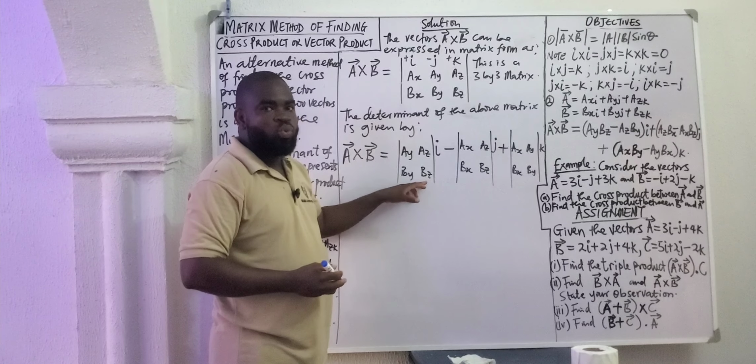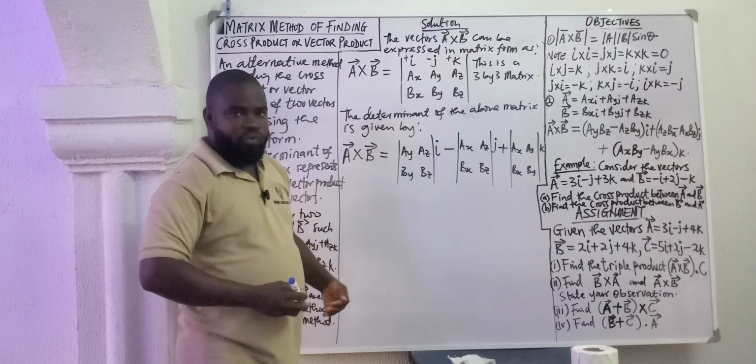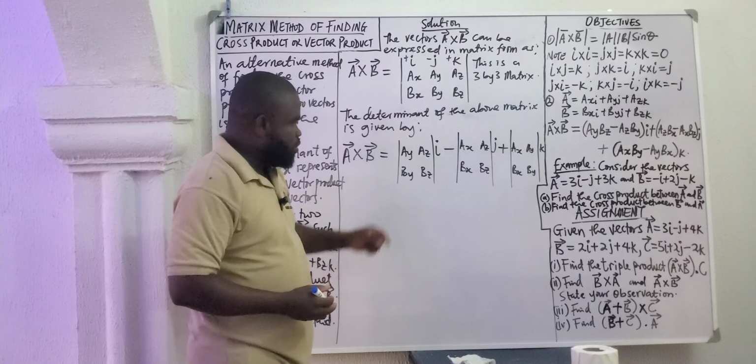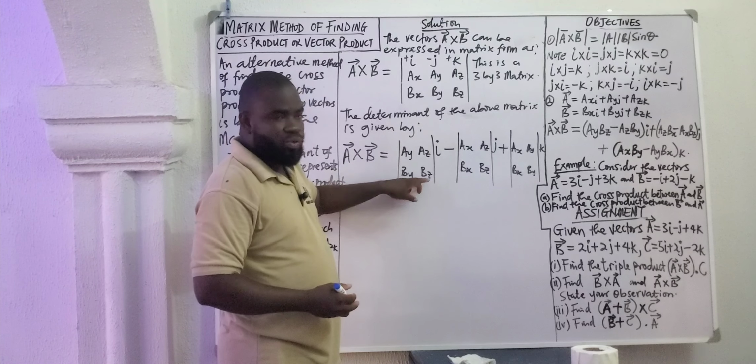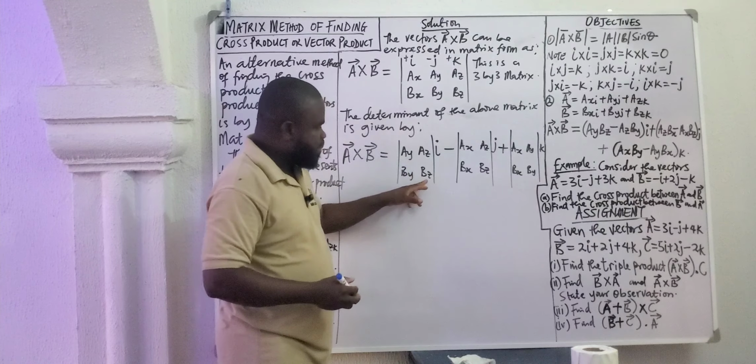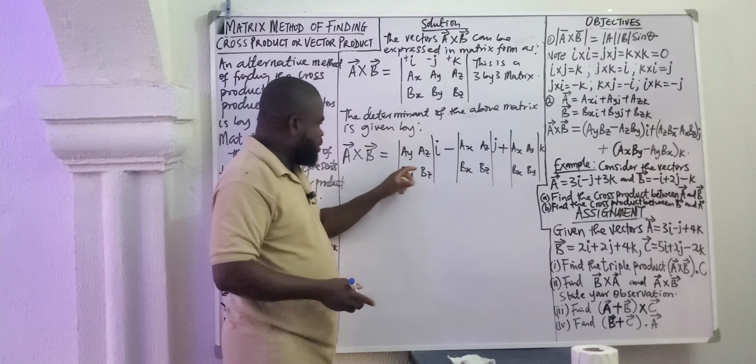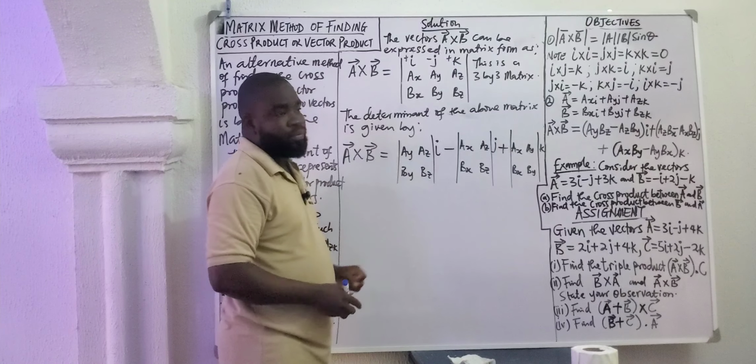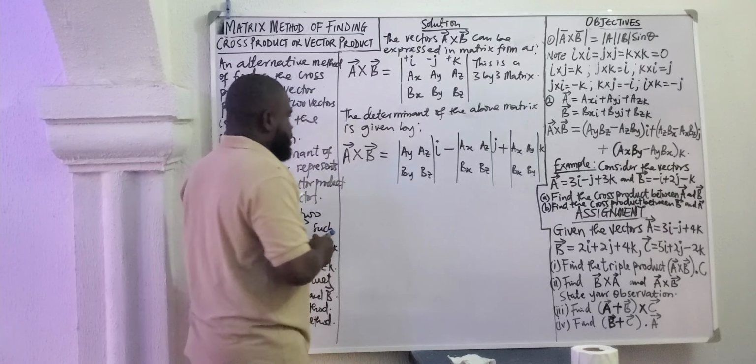A 2 by 2 matrix. In further matrix calculation, to find the determinant of this 2 by 2 matrix, I will use this element to multiply this one, minus, I will use this element to multiply this one. That will give me the answer.